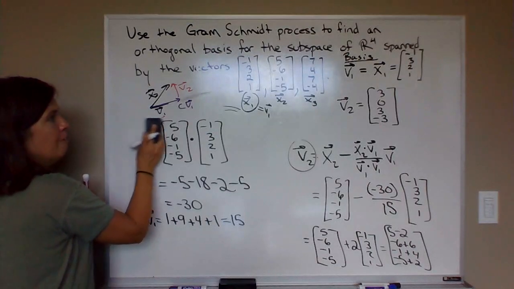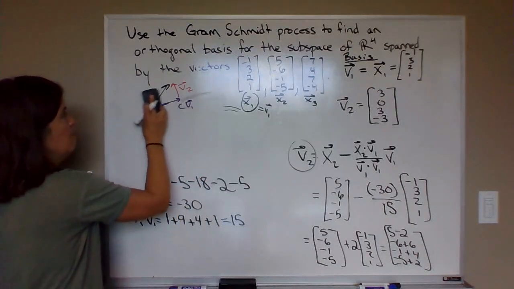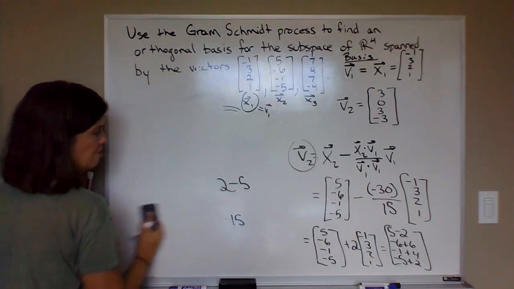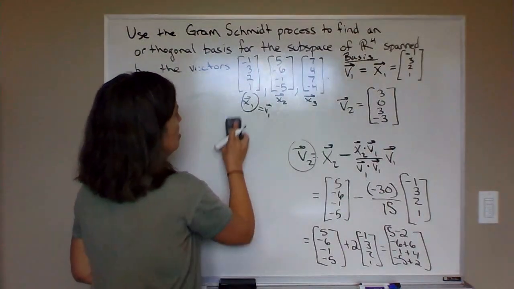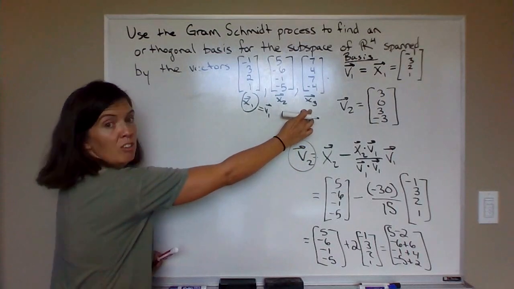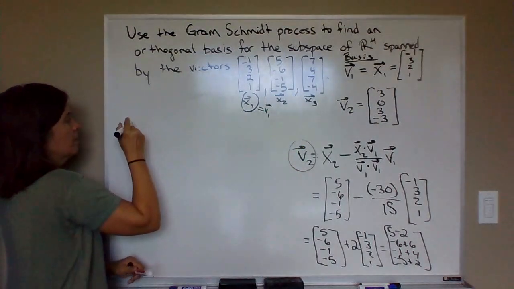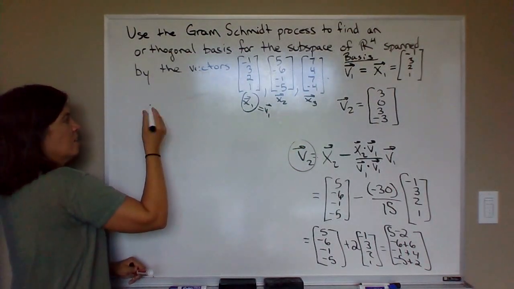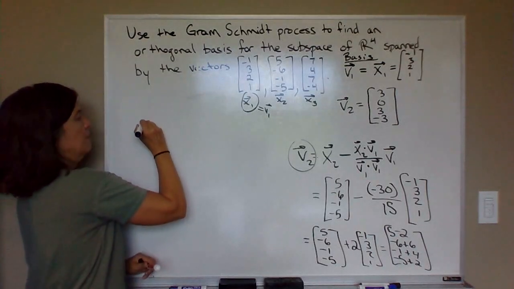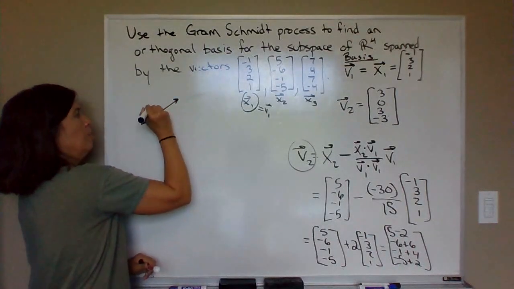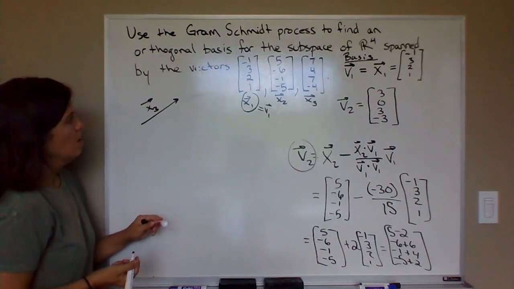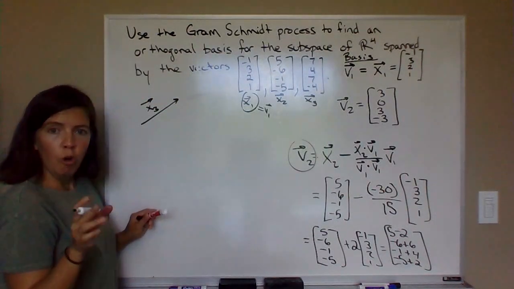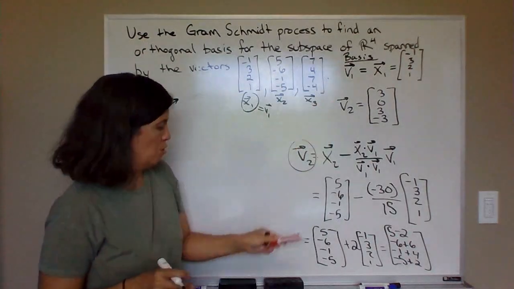So the way we find our third basis vector, it's going to be similar to what I showed you a second ago. So in this case, now we want to take x3 right here, and, well, let me draw a diagram again. So we want to take x3 and write it as the sum of a vector that's already in the span of V1 and V2.